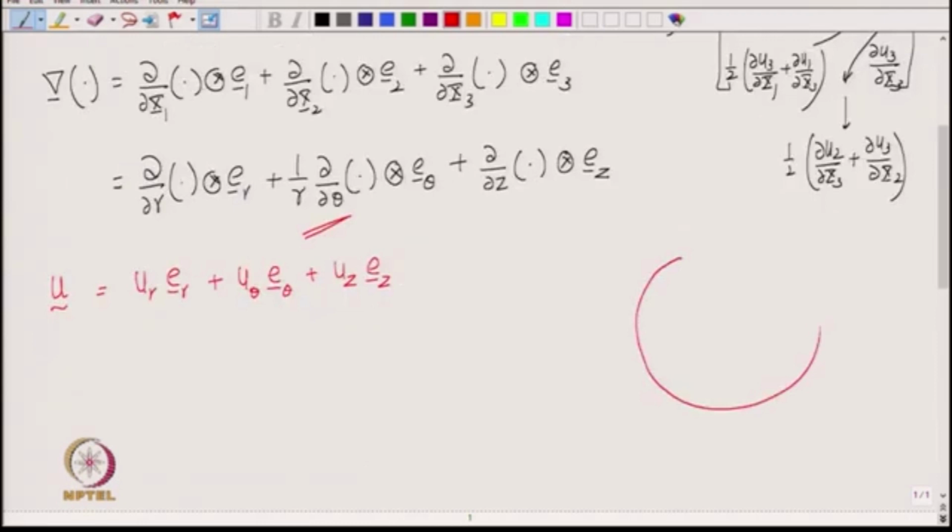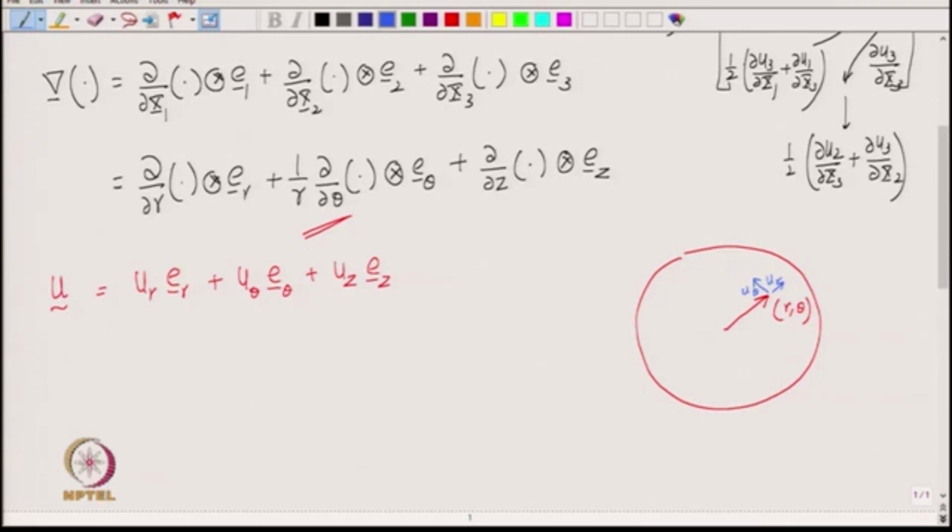If this is the body and here is a point of the body, this is the origin and this point has coordinates r, theta, then the displacement in the E r direction is u r, the displacement in the theta direction is u theta, and the displacement in the z direction, coming out of the paper, is u z.